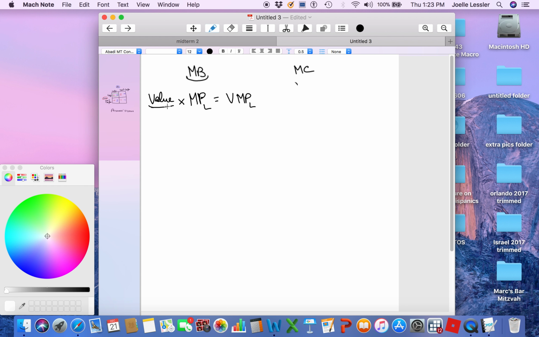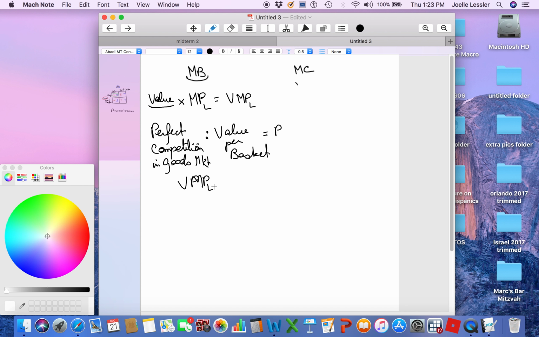If the market for baskets is perfectly competitive, so under perfect competition in the goods market, that's the market where I'm selling my baskets, the value per basket is the price. So then the value of the marginal product of labor is the price times the marginal product of labor.